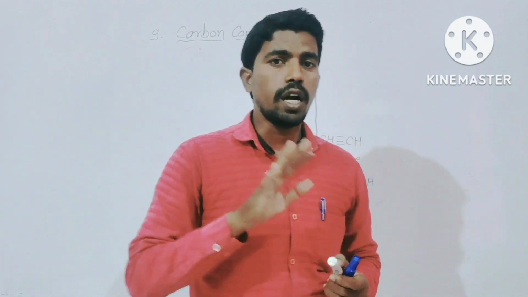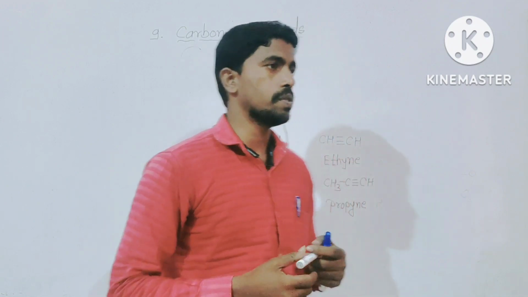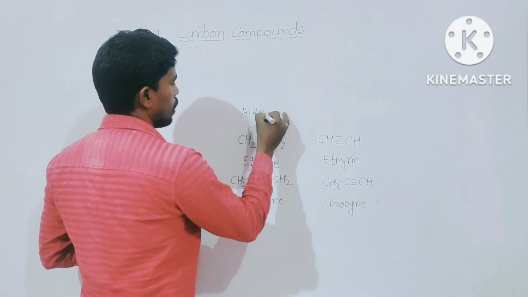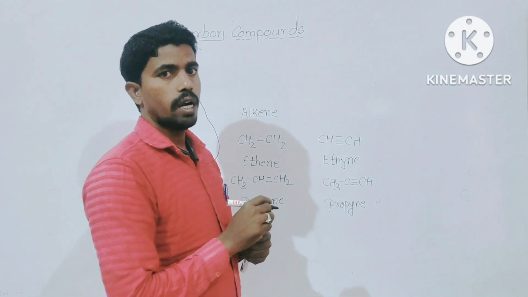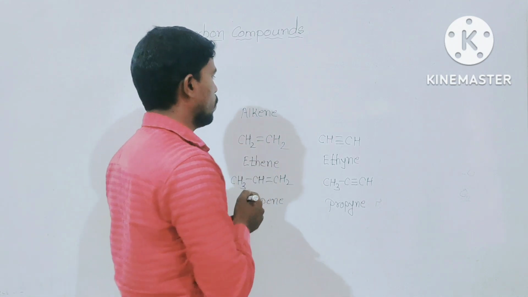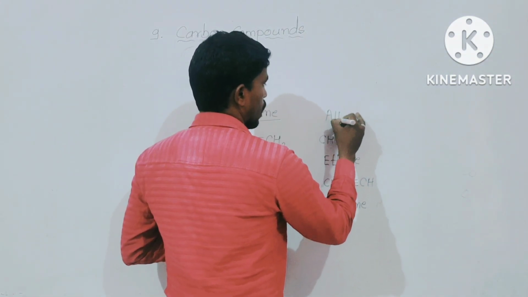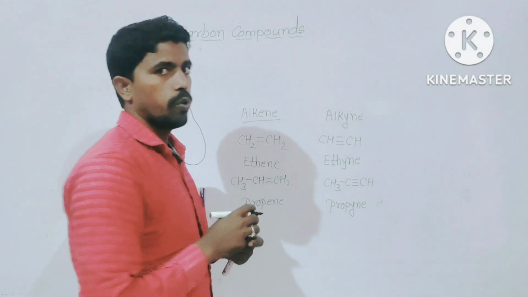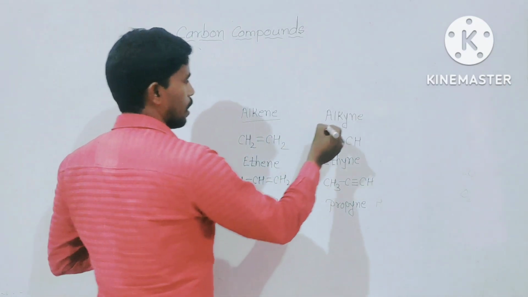These saturated hydrocarbons are called as alkane, and the unsaturated hydrocarbons are classified into two types: alkene and alkyne. Alkene means the hydrocarbon compounds in which carbon linked with double bond called as alkene, and the hydrocarbons in which carbon atom bonds with other carbon atom with triple bond called as alkynes.